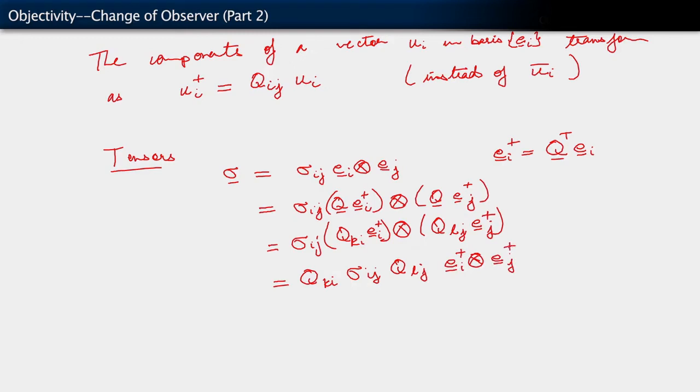But then just by observation, we know that these are what? Those are the components of our same tensor. The tensor is invariant. Sorry to whack my finger, but the tensor is invariant.